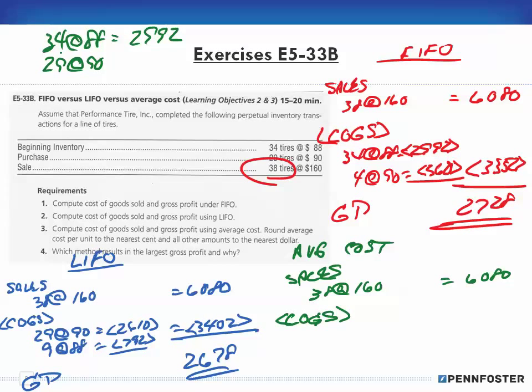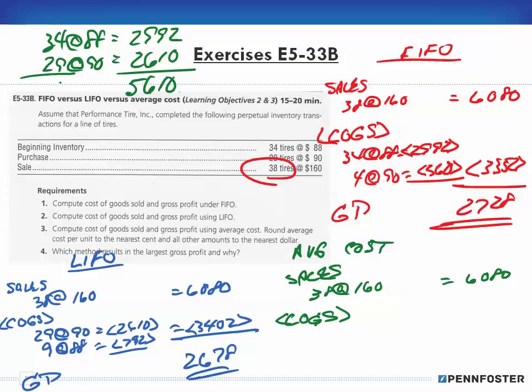So 29 times 90 is 2,610. So the total value of my inventory is 2,992 plus 2,610, which is $5,602.